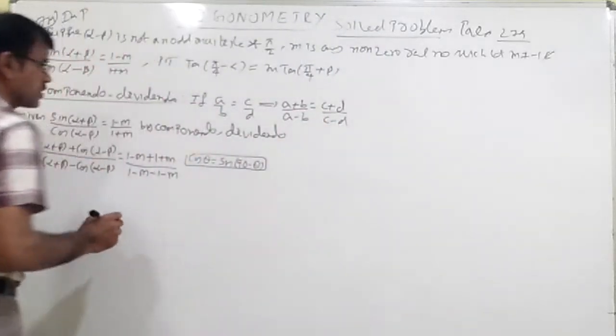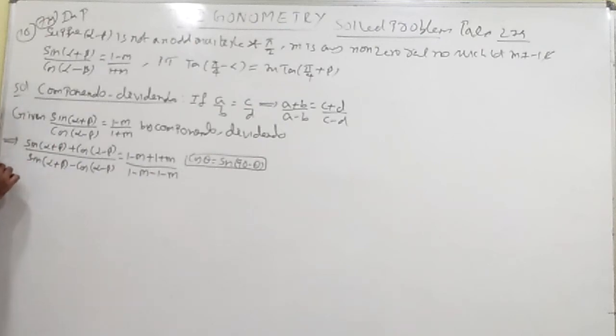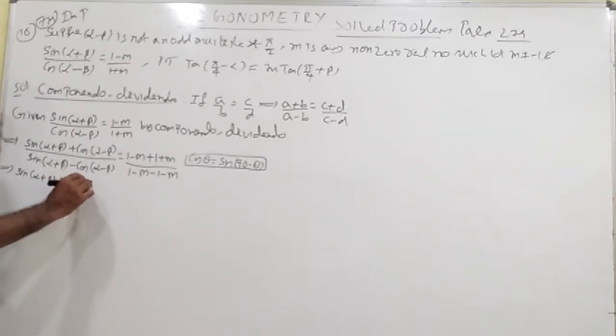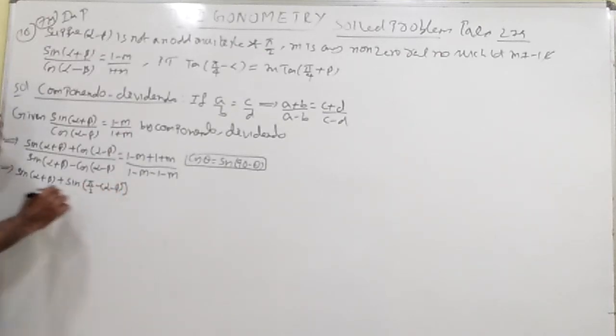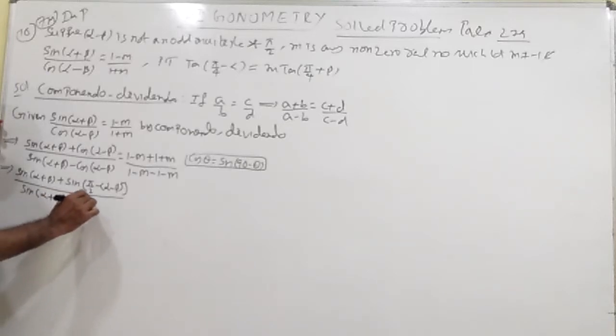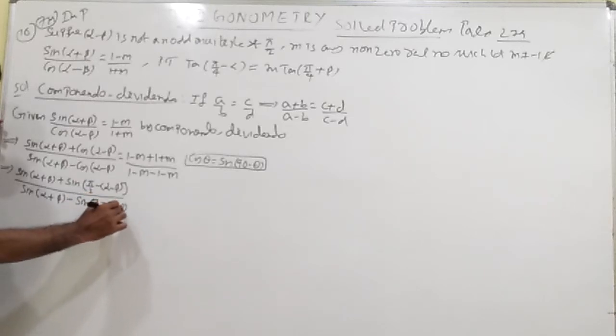Using this, you should write, instead of cos, sine of 90 minus theta. So sine of alpha plus beta plus sine of pi by 2 minus of alpha minus beta, whole by sine of alpha plus beta minus sine of pi by 2 minus of alpha minus beta.